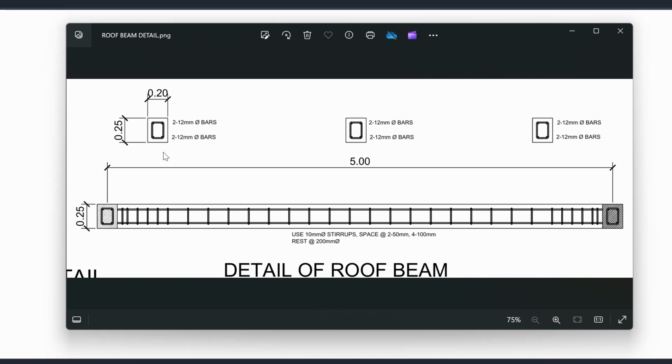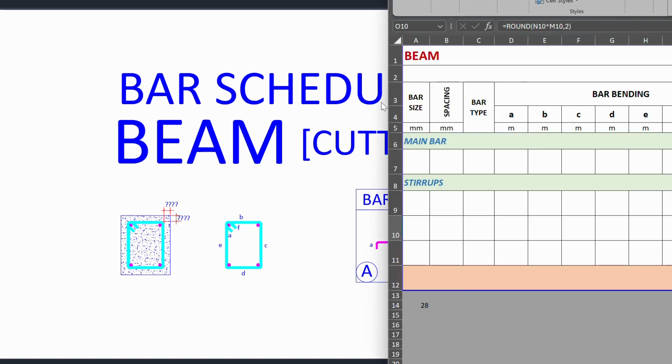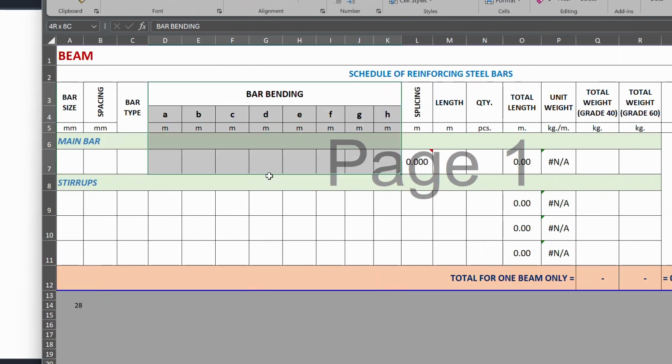The purpose of this video is to get the hang of how to estimate the reinforcing in the beam and what it looks like in the cutting list. As I mentioned in the other videos on columns, this is the cutting list portion, where the steelman should check how they have to bend the bars.